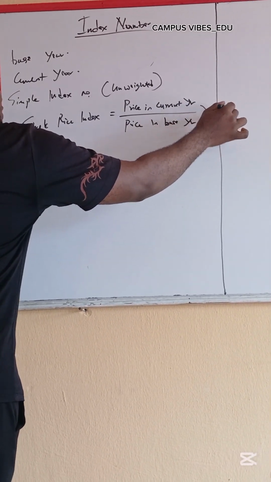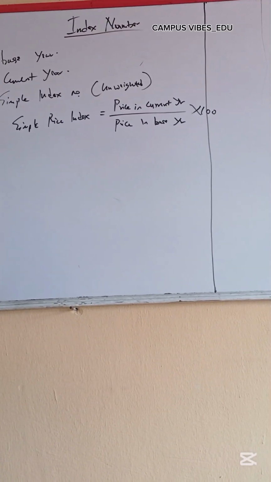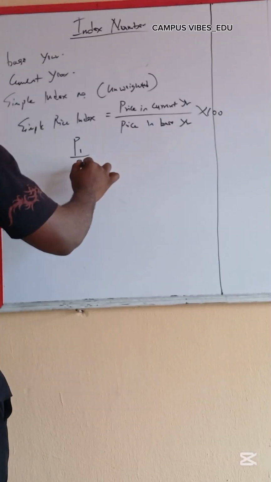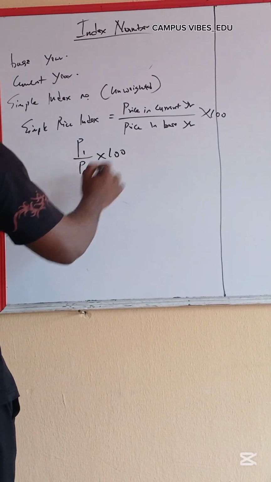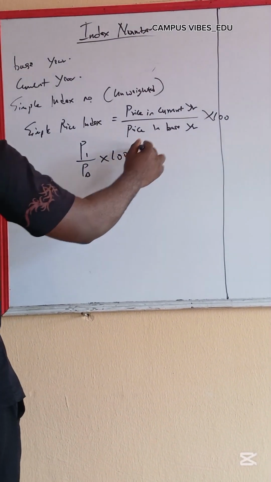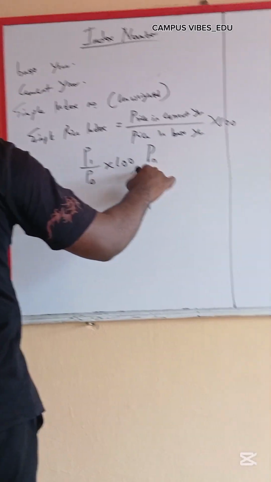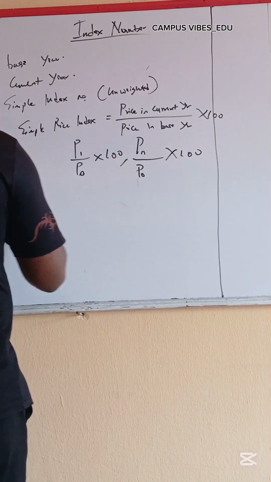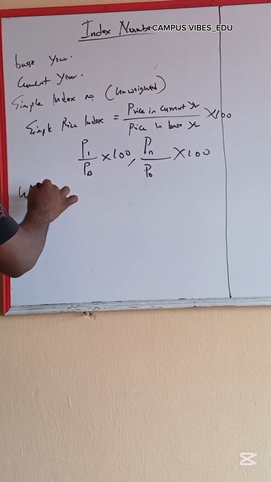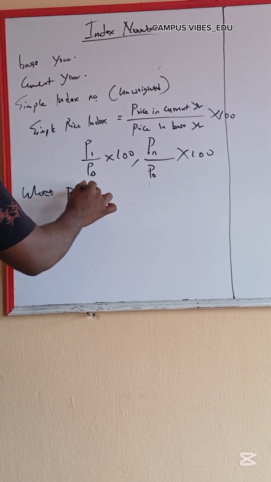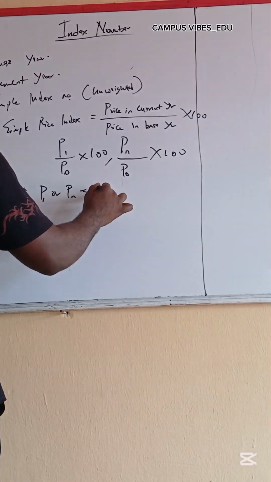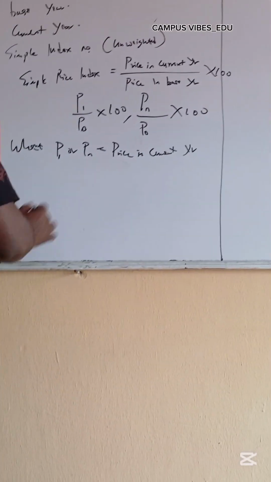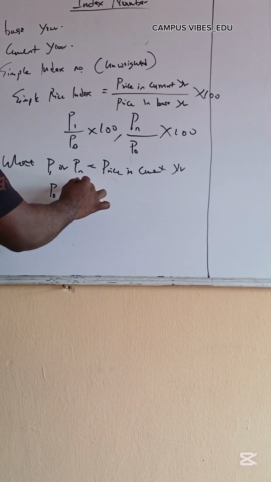In some textbooks you see something like P1 over P0 times 100, or you can call it Pn over P0 times 100, where Pn is the price in current year, and P0 is the price in base year.